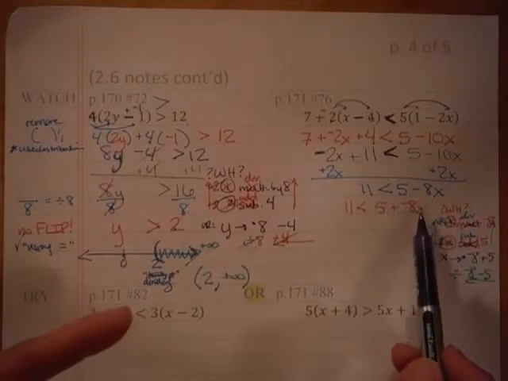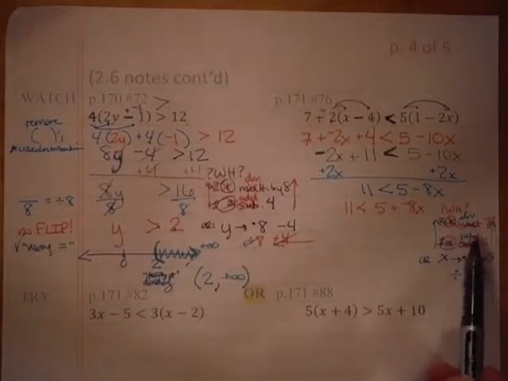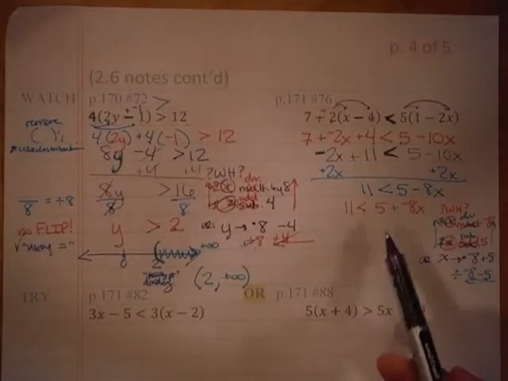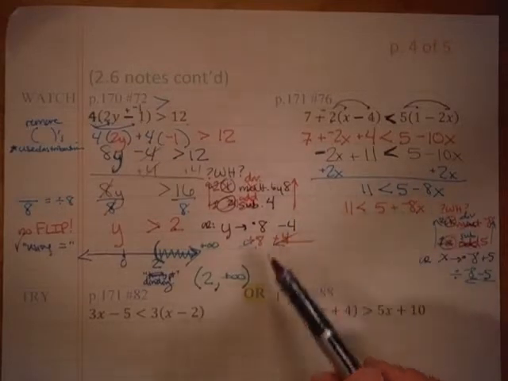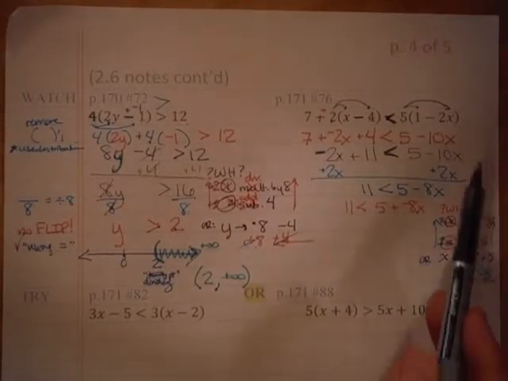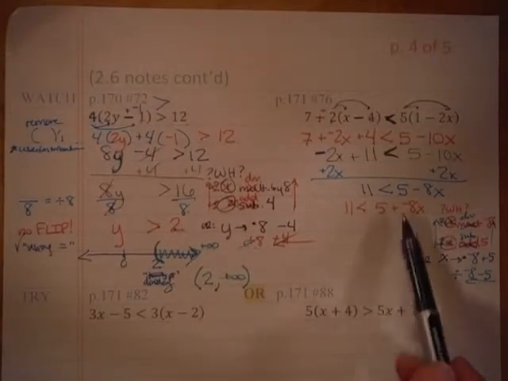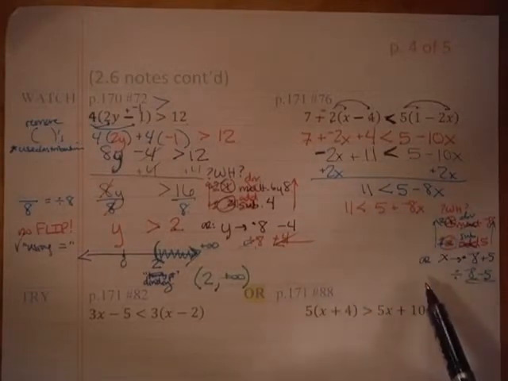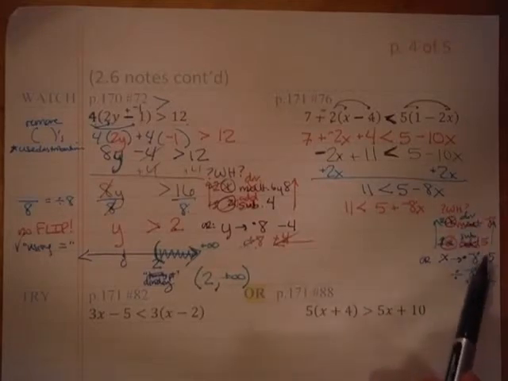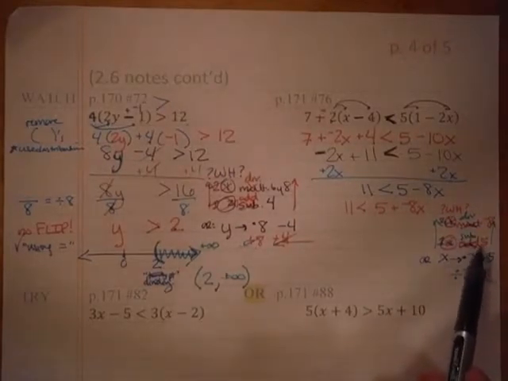Okay, so you can pay attention to what's happening when you multiply or divide both sides by a negative. That's the key to this section. So if you're struggling in this section, and we haven't even got to the point where we've multiplied or divided both sides by a negative on this particular problem, and if you're struggling already with what to do, I'm concerned about signs, get the extra help that you need.